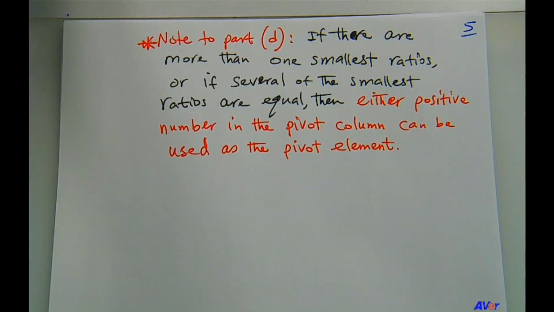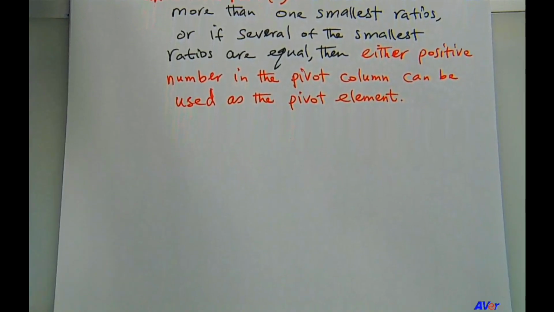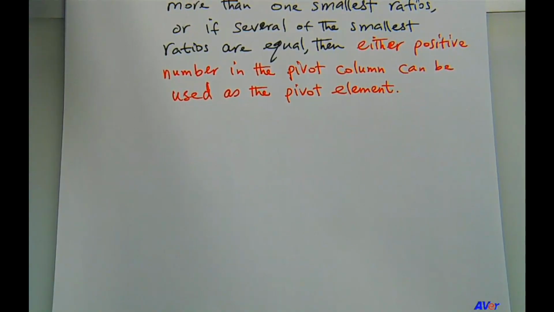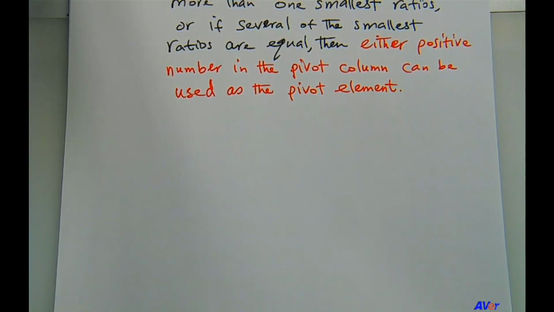So you can convert either one to 1, and the other numbers in that pivot column to 0. Okay, so we're close to wrapping up all these descriptions, and that's nice because then we can start looking at examples.